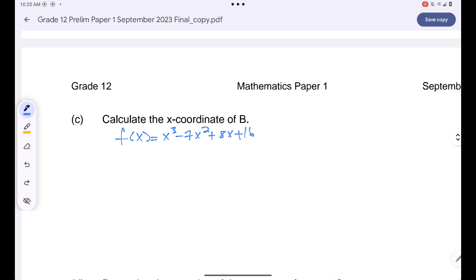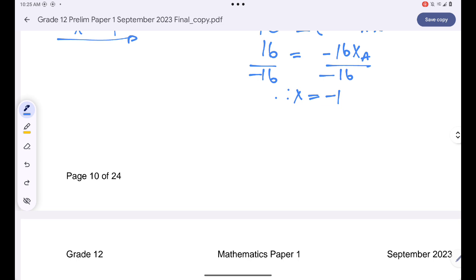The derivative is equal to 0 at the stationary point, so that means f prime of x, which is equal to 3x squared minus 14x plus 8, is also equal to 0.